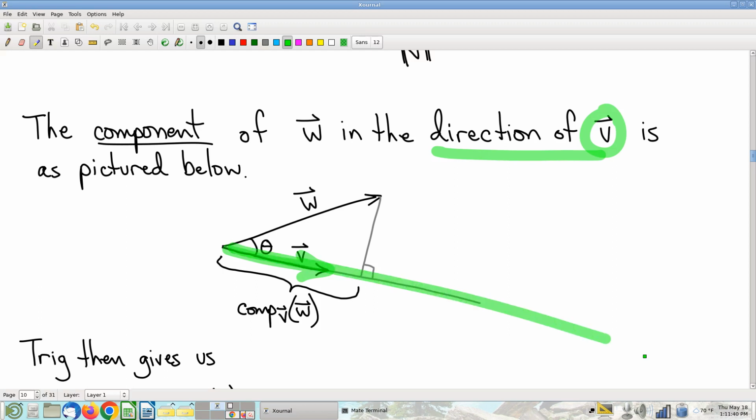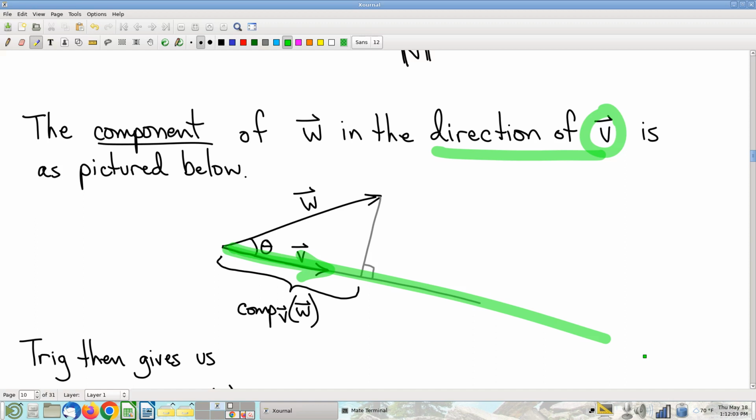Suppose that is the direction that we care about for whatever reason. An easy example is we're playing football, and you need to know if you make a first down or not, and it doesn't matter how far you go left or right, it's all about how far you go forward. Only the forward component matters.